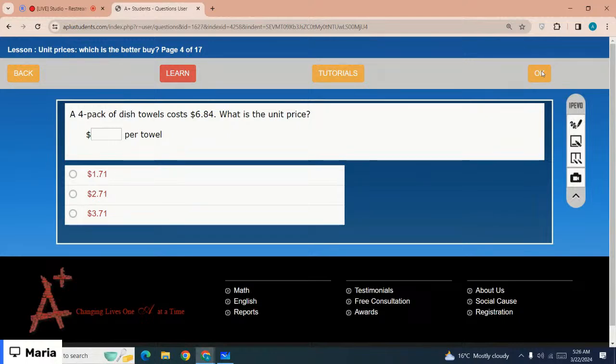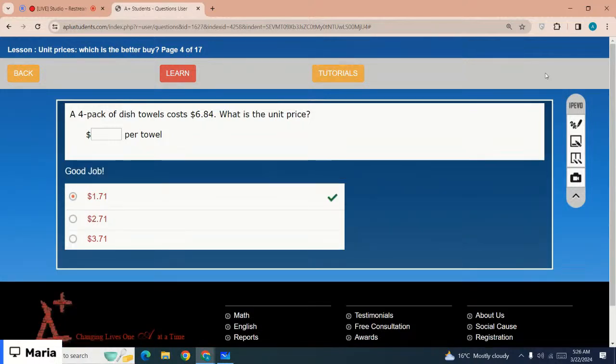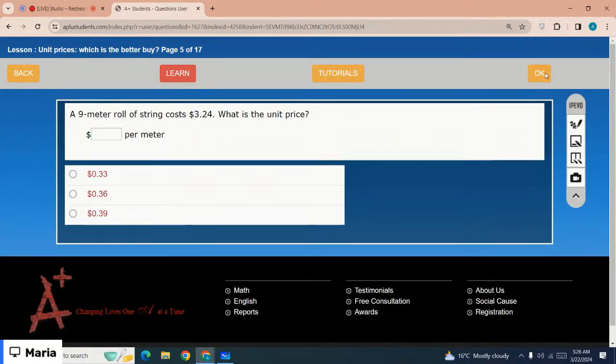The correct option is 1.71. Yes, that is $1.71. Option number 1 is the correct option. Okay, you can complete the lesson by yourself later today. Let me just move on to the next lesson.